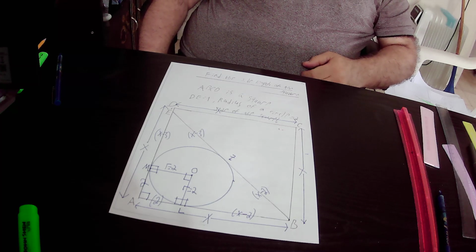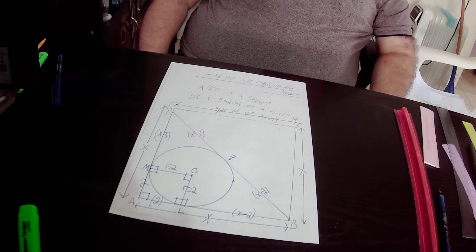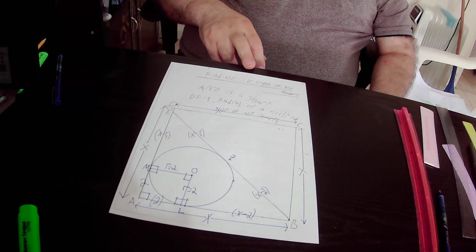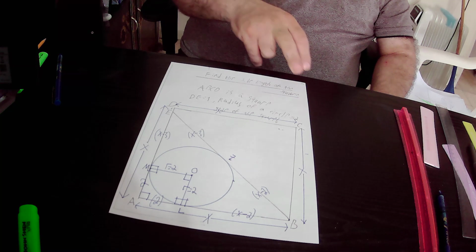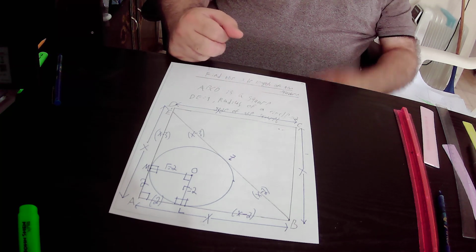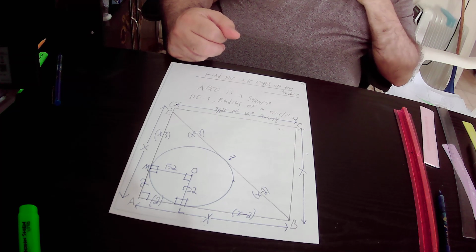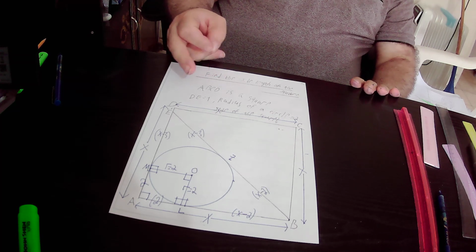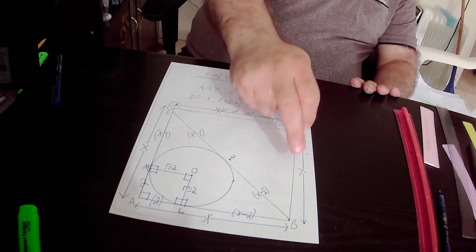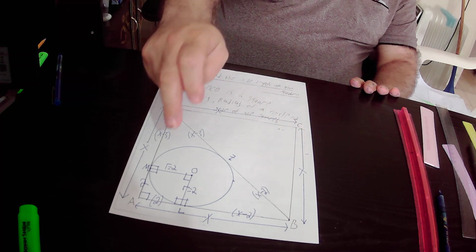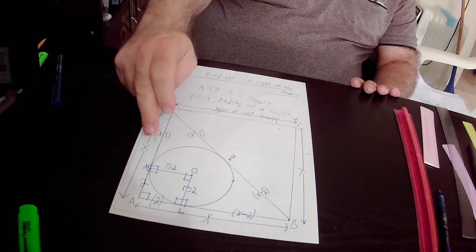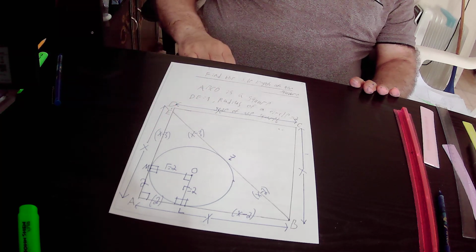First of all, we defined the side length of square ABCD as x. That is to say, DC equals x, CB also equals x, AB also equals x, and DA is also equal to x according to our definition.